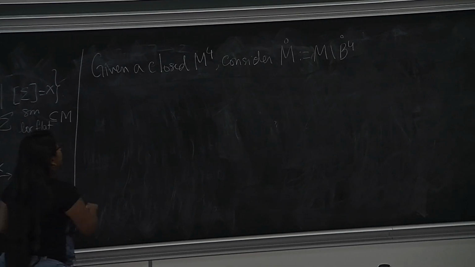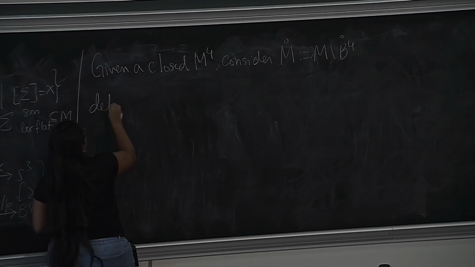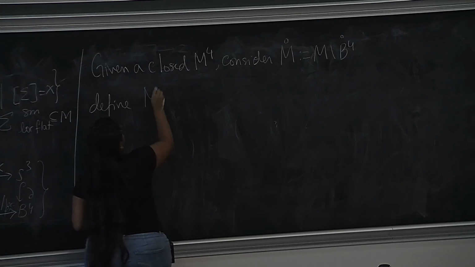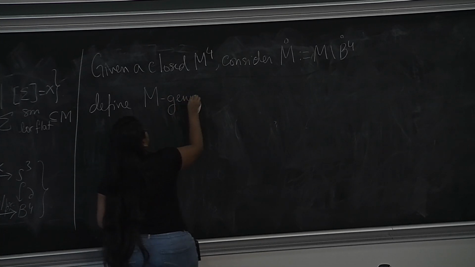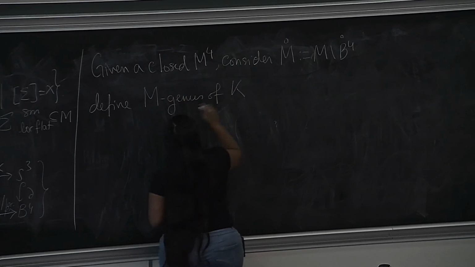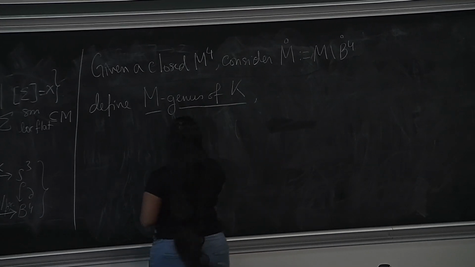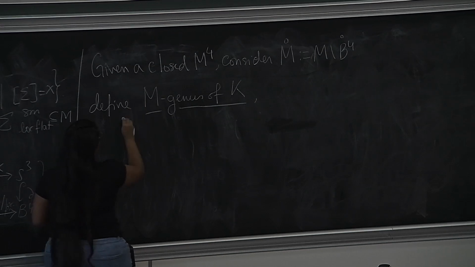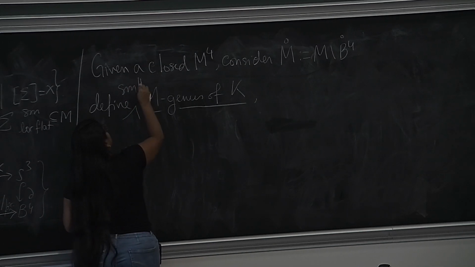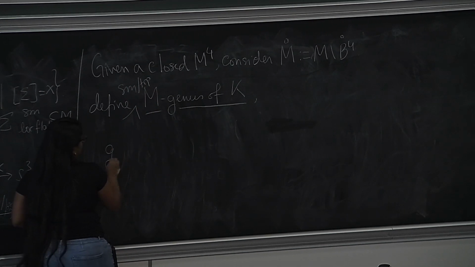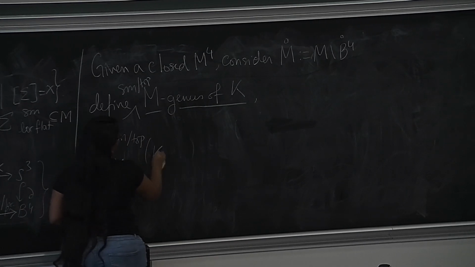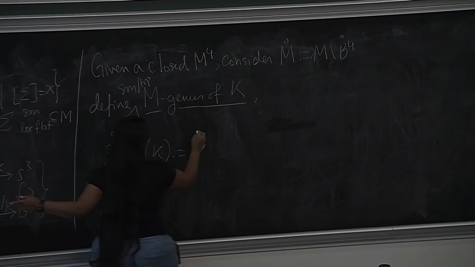Okay? So we can define the M genus of K. Let's call this smooth or topological, as always, so G sub M smooth or top of K. It's going to be identical to this, really.